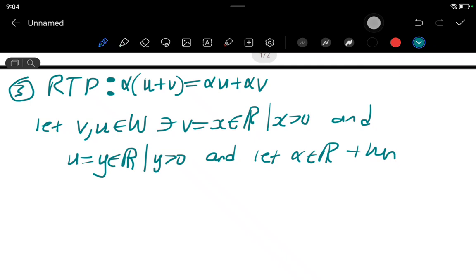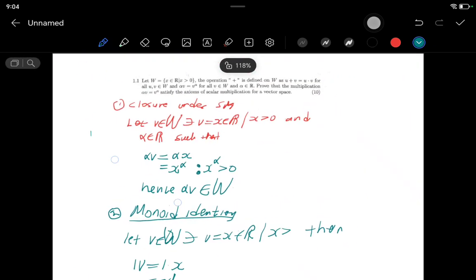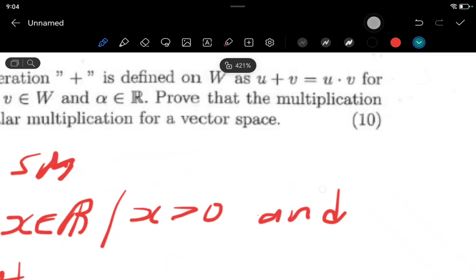Then if I take the left hand side, alpha times u plus v, I'm going to get alpha. Inside here, our u is equal to y, and our v is equal to x. Now let's check how they say we are computing addition. They say when we're adding them, we must multiply.